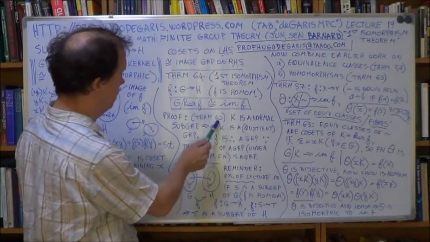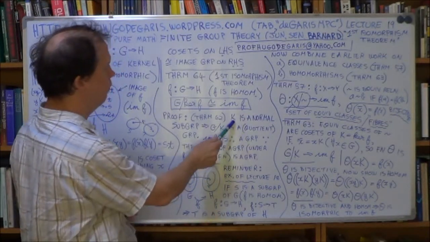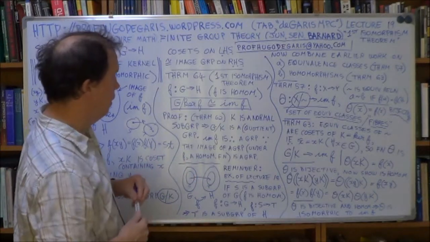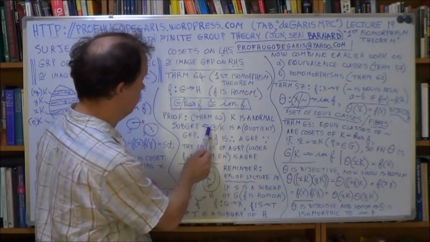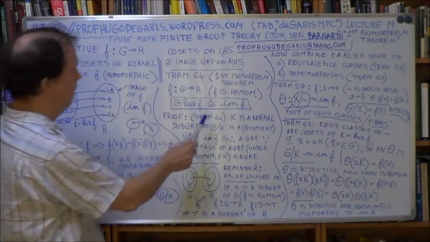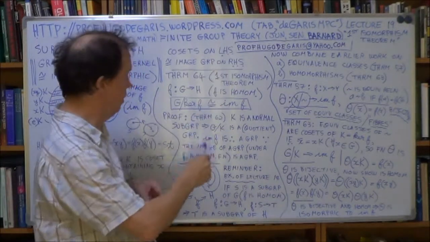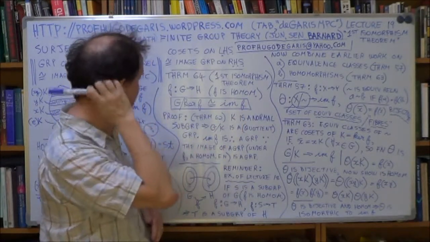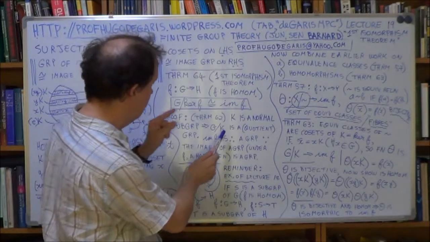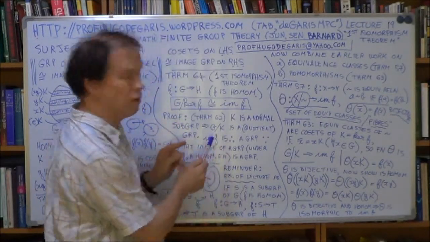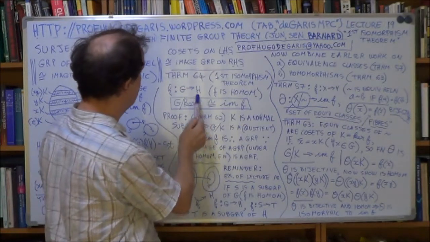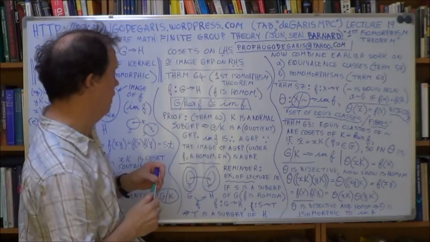So that means we can form a quotient group from this kernel, because the kernel is a normal subgroup. And here's the quotient group. It's your big G, the group you start with, divided by the kernel, in a sense. So that will be a quotient group, and because it's a quotient group, it's still a group.